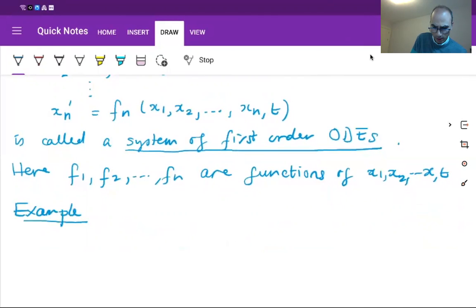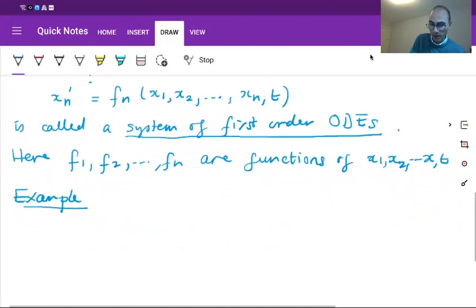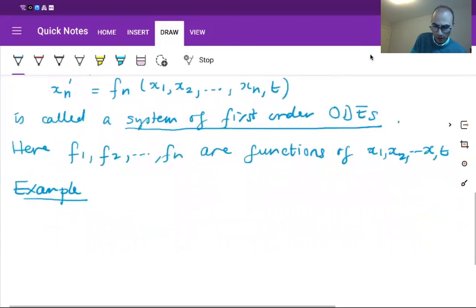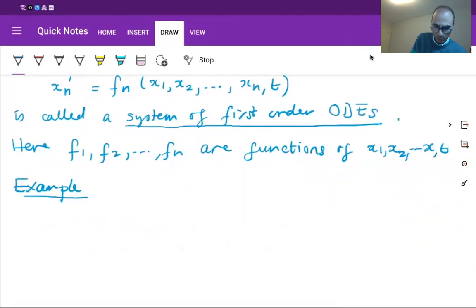So let's take the system of equations. Typically if we have 2 or 3 variables, instead of x1, x2, we may call them x, y, z, and so on. So this will be a system with 2 dependent variables.